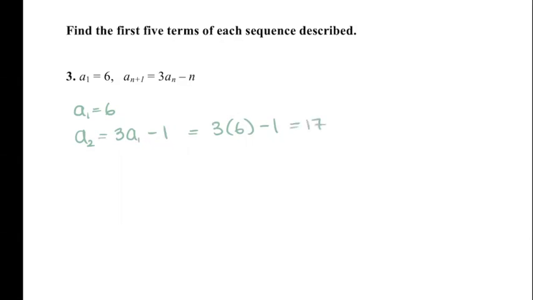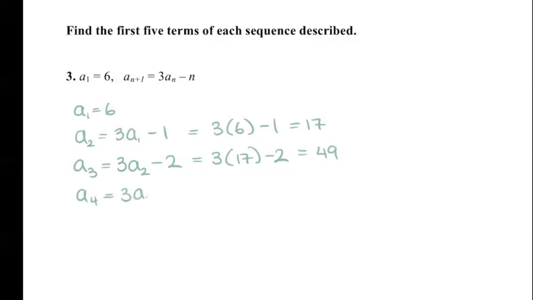Okay, keep going. A sub 3. For the third term, I did 3 times 17 minus 2. Good. So you did 3 times the second term minus 2. Again, it's minus 2 now because those numbers need to match. And what did you get? 49. Nice. Okay, and then a sub 4.